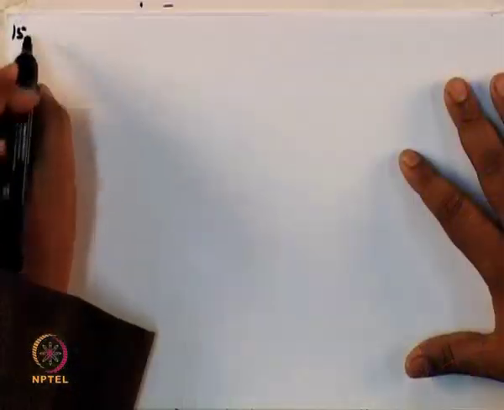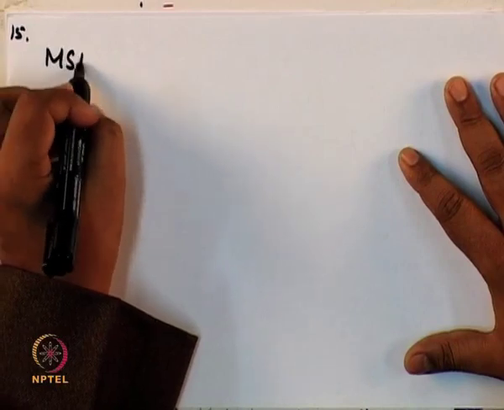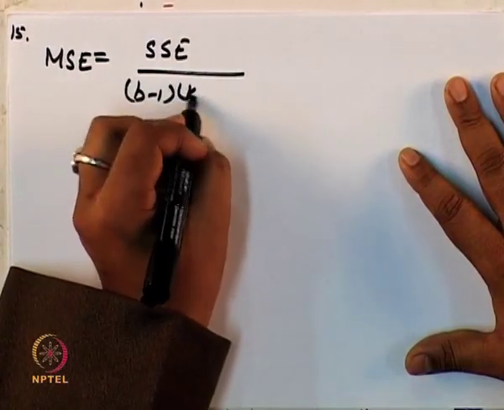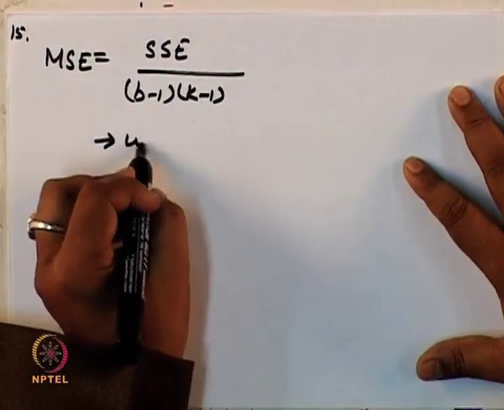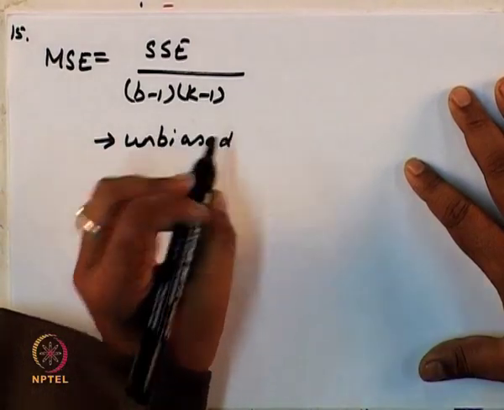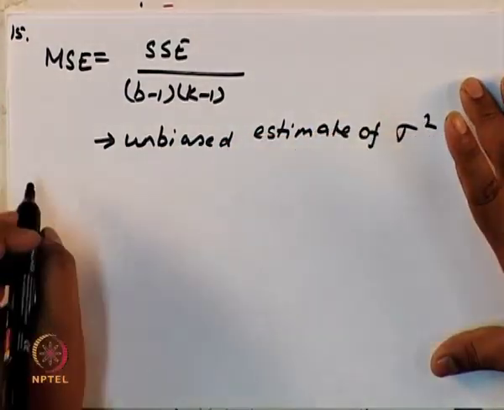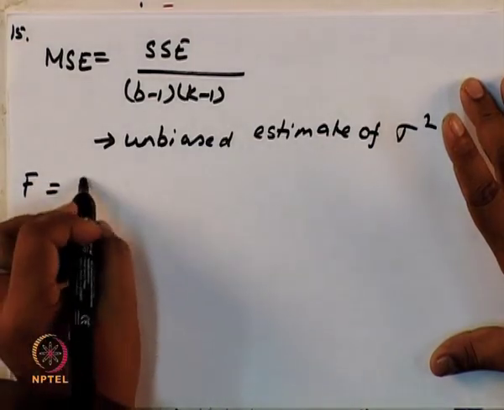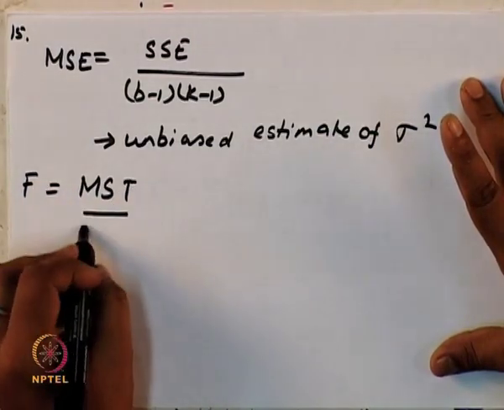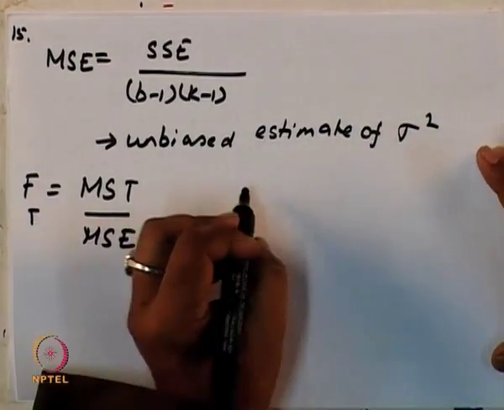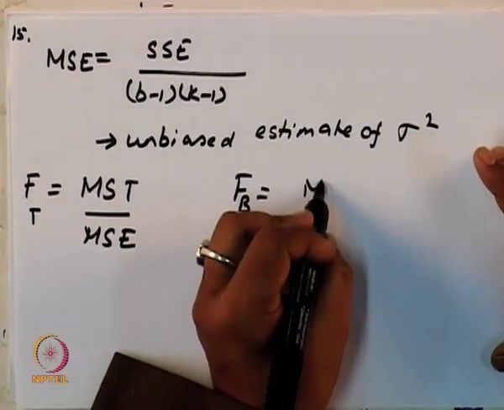You can have these two cases. You can calculate your MSE as SSE by B minus 1 into K minus 1, as an unbiased estimate of sigma square, and you calculate the F statistic, which is given by mean square of treatments by mean square of error for calculating your hypothesis for treatments, or this is F of t, or F of B is given by MSB by MSE.